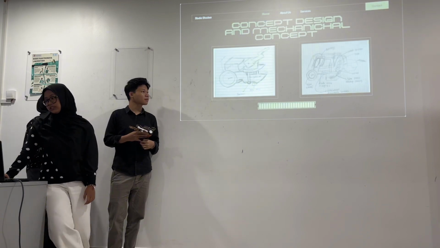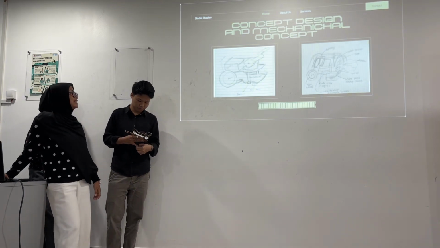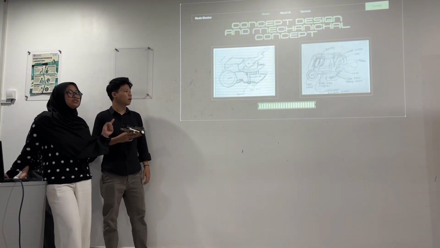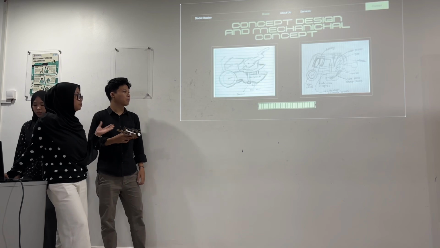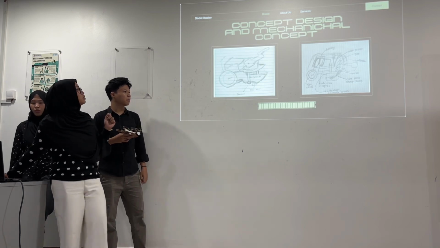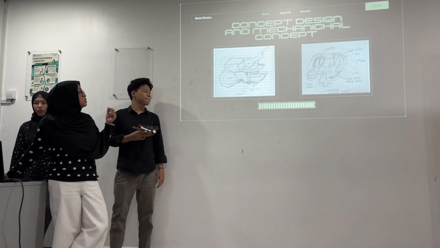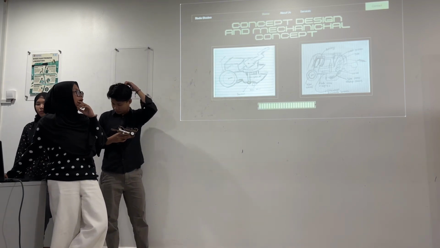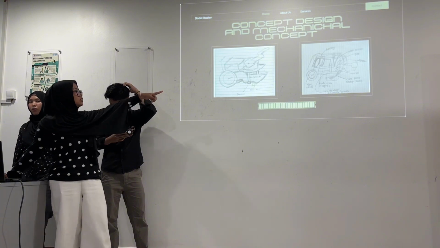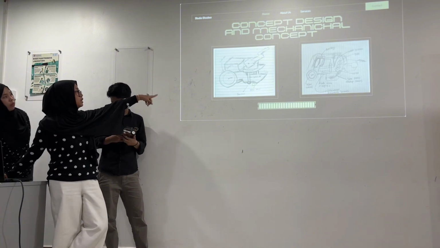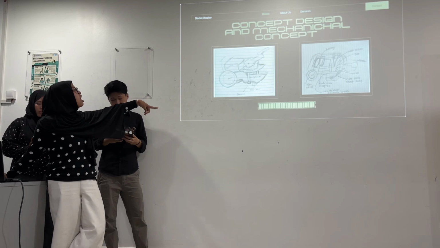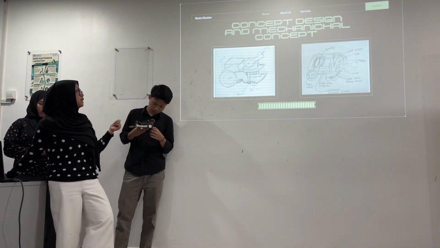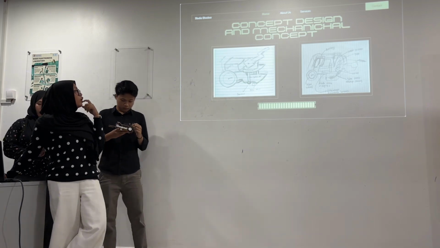For the concept design and implementation, this is our first concept design. These are the two main designs, though there are more. As you can see, the gripper is different, on the first floor or the second floor, and the other component positions are different in each prototype.